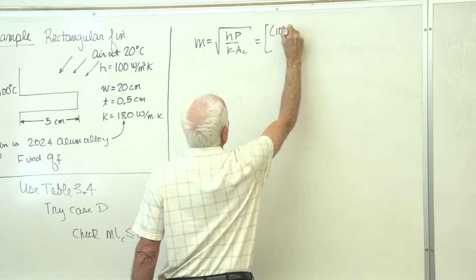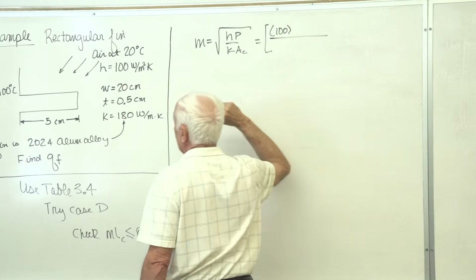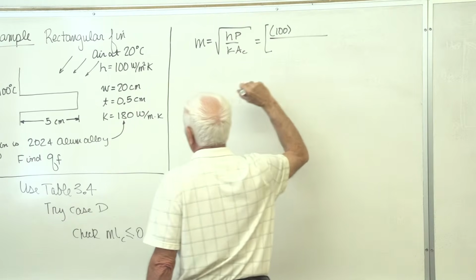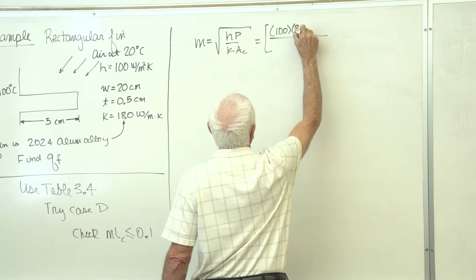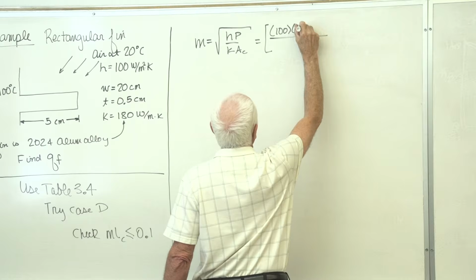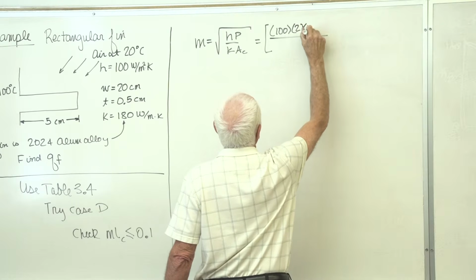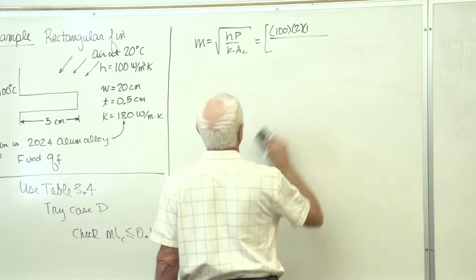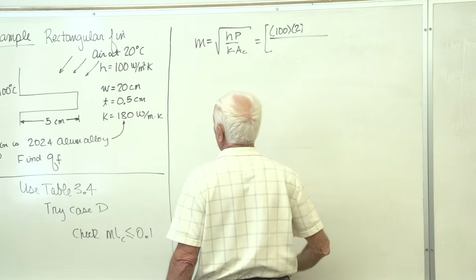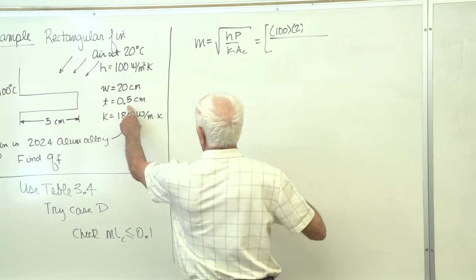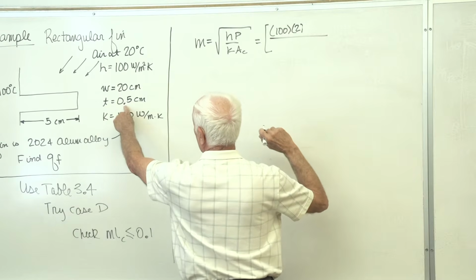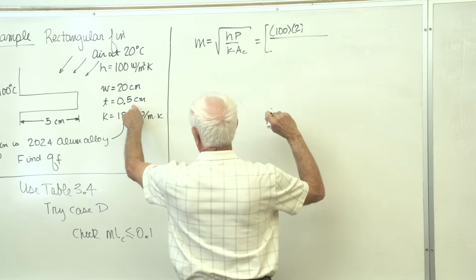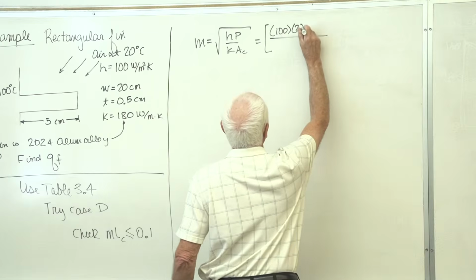h is 100. The perimeter, 2 times a half, 0.005. Let's put it this way. Okay, let's go with the 2 and 2, so T plus W, 20.5 times 2.